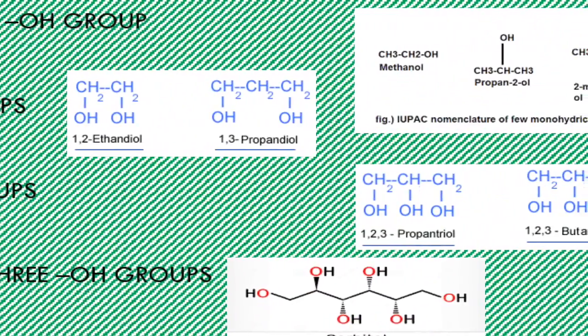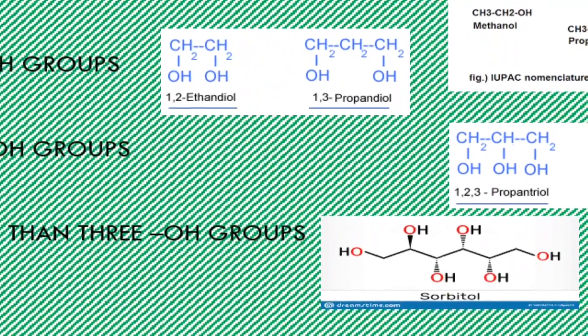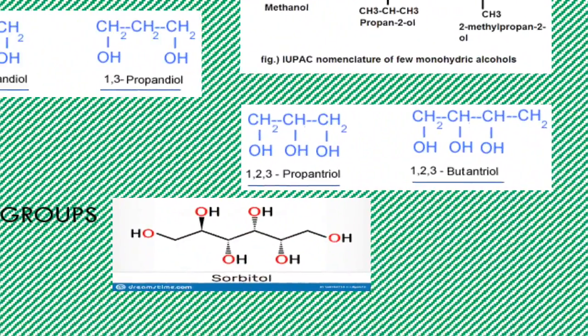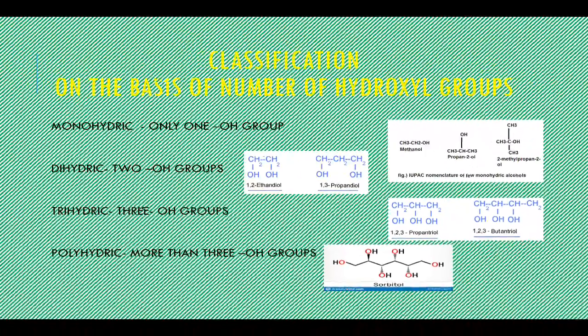For trihydric alcohols, the examples can be 1,2,3-propanetriol, commonly known as glycerol, and 1,2,3-butanetriol. The example of the polyhydric alcohol is sorbitol, which is used in many of the cough syrups.